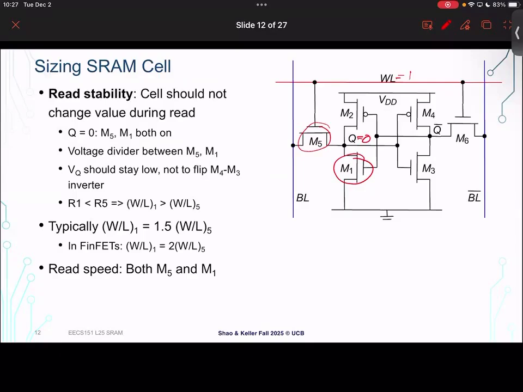So you can think of this as a voltage divider between M5 and M1. When these transistors are both on, right, we can just model them as resistors with an on resistance.